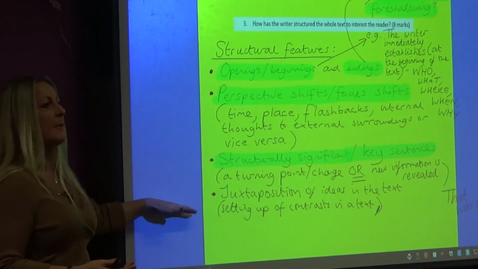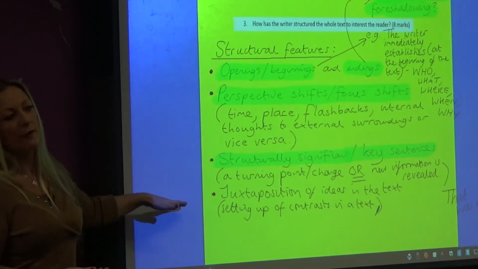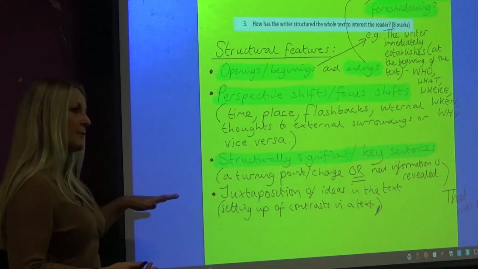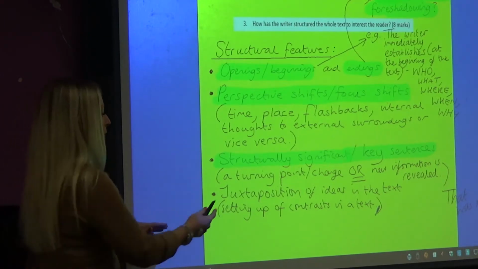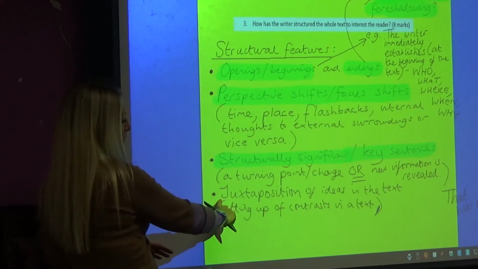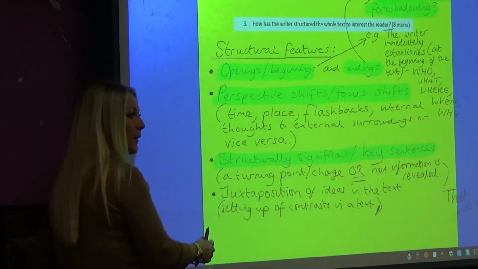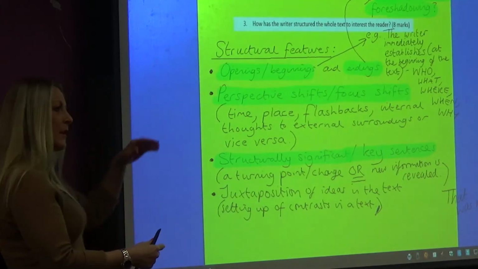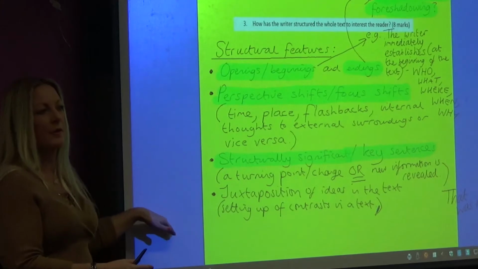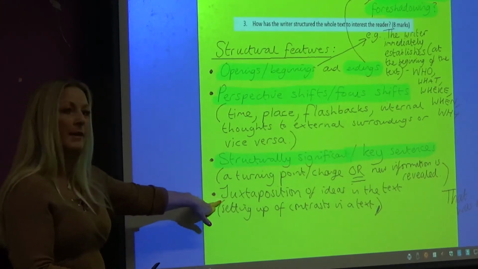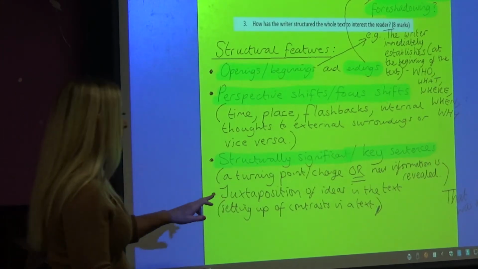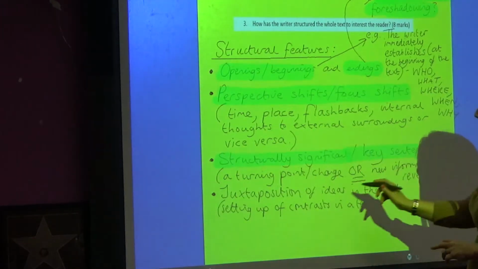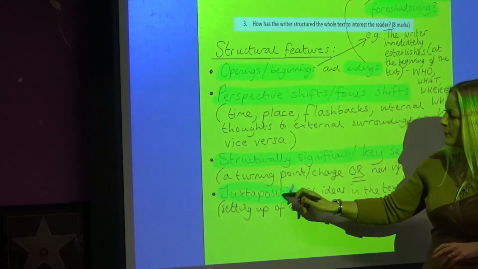And then in the sixth paragraph, she talks about her relationship with her father, and that relationship is presented very positively. So you would talk about how the two relationships are juxtaposed. So at the beginning you've got the negative, at the end you've got the positive. So look out for that, it's a higher level structural feature. So again, just highlight your structural term, juxtaposition.